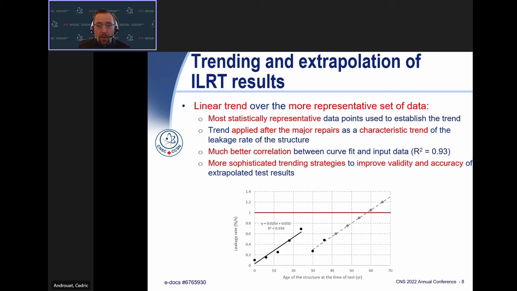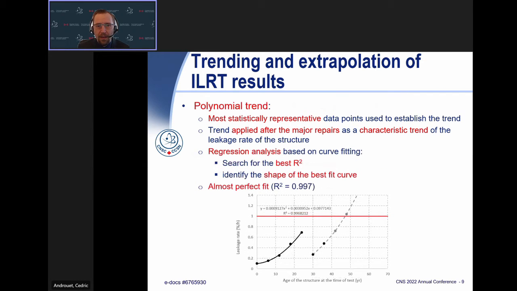However, some more sophisticated trending strategies may be used to improve the validity and accuracy of the trends identified. Another type of regression analysis which may improve the reliability of the trend identified is a polynomial trend. Indeed, a regression analysis based on curve fitting requires not only searching for the best coefficient of determination, R-square, but also identifying the shape of the curve that may best fit the data.